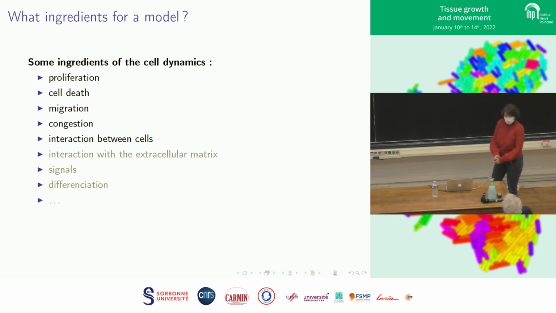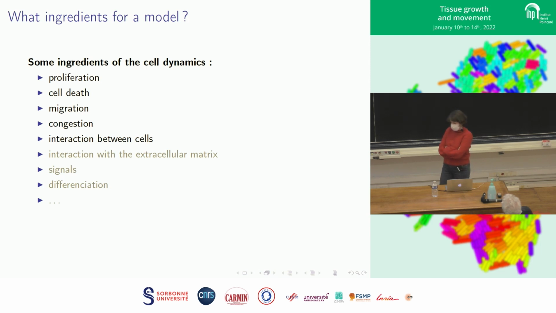So to answer this question, we want to do a mathematical model. There are of course many ingredients we could put in this model, and I cite a few of them. There is proliferation, so the growth of the cells. There's also the fact that the cells die.